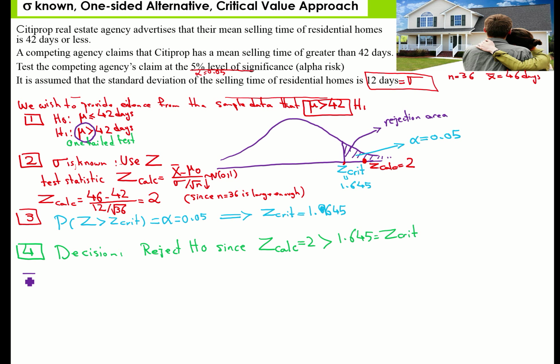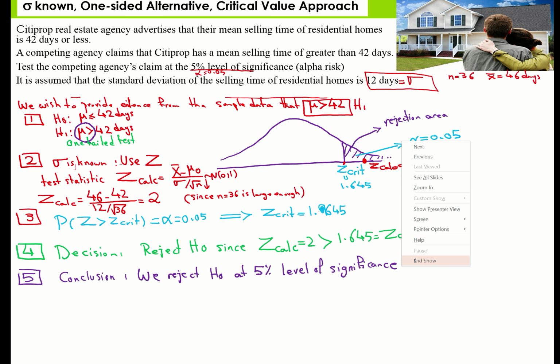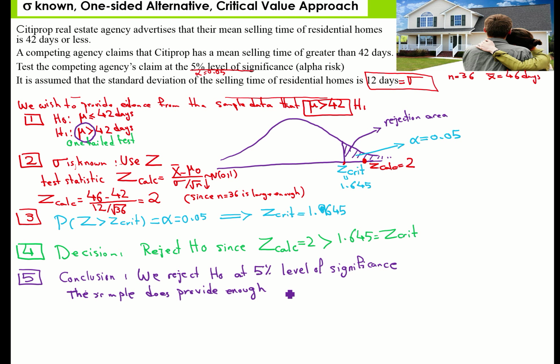And at the end, we can conclude that we reject H0 at 5% level of significance, and it means that the sample does provide enough evidence against H0.